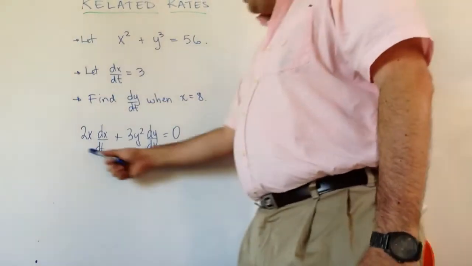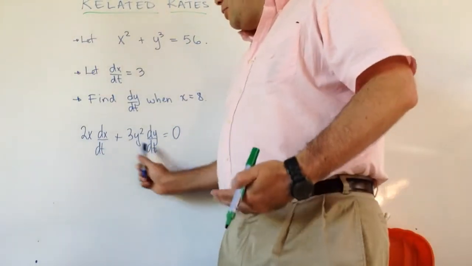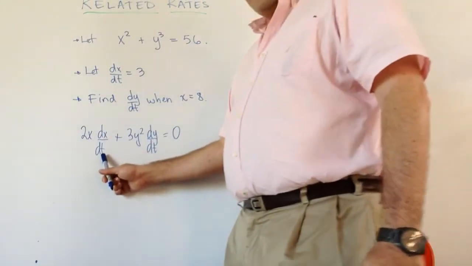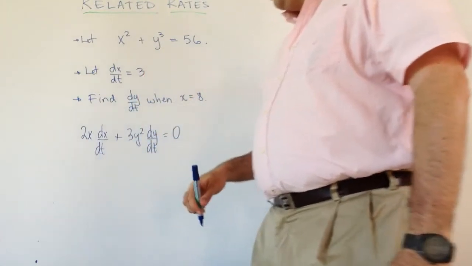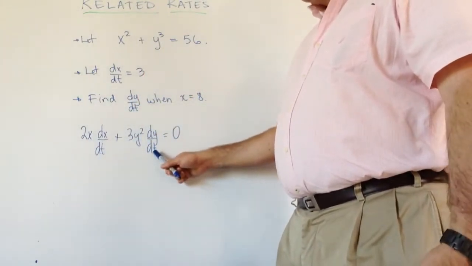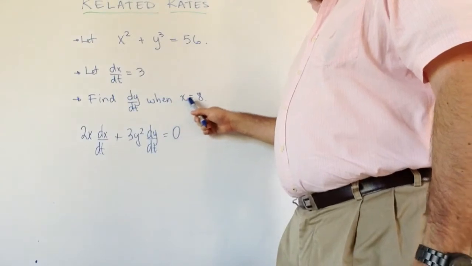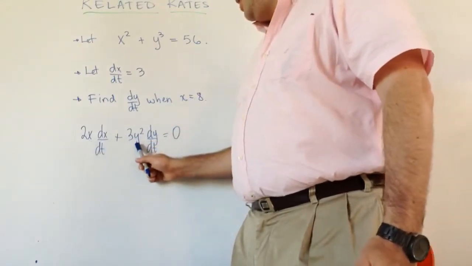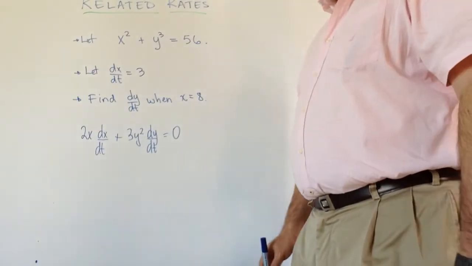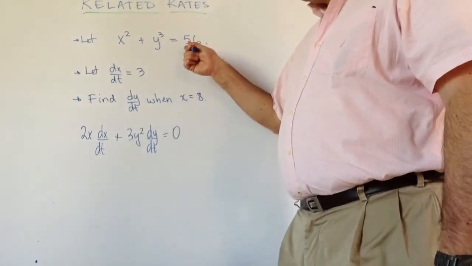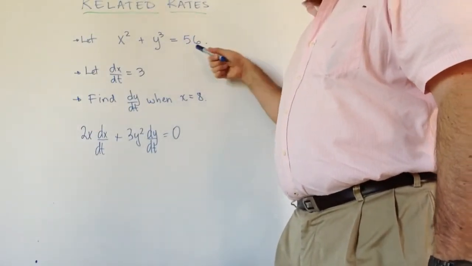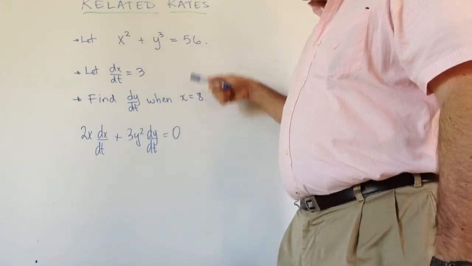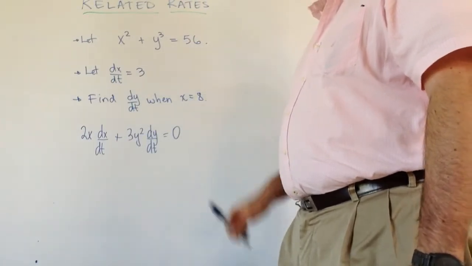Okay, so now we have an equation that has the two derivatives. The value of dx/dt we know is 3. The value of dy/dt is what we want to find out, when x is 8. Well, we still have the value of y that we don't know. But we have the equation. So using the original equation, we can find the value of y when x is 8.